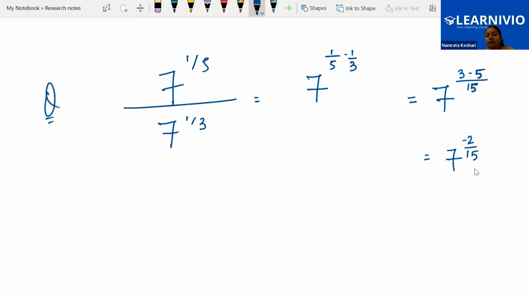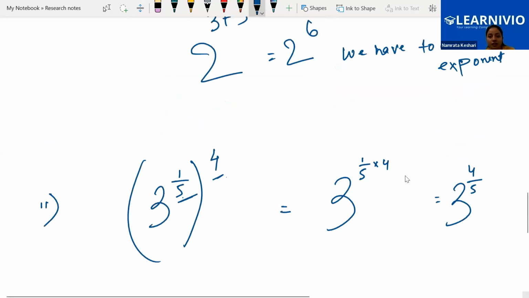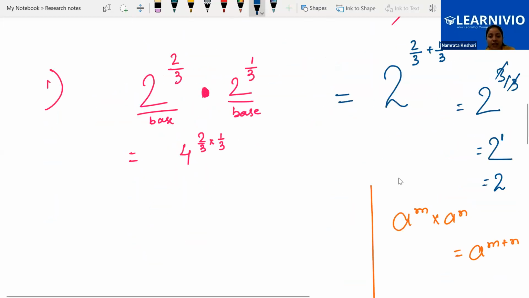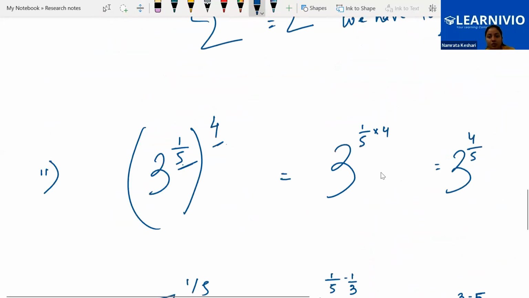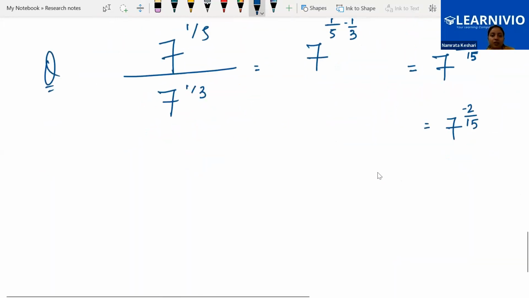Okay, now one rule was there which we have not discussed yet. Let me explain that rule, then we will write it again. The law of exponent says that whenever we are having a to the power minus m, it can be written as 1 by a to the power m. What is the meaning of this law?